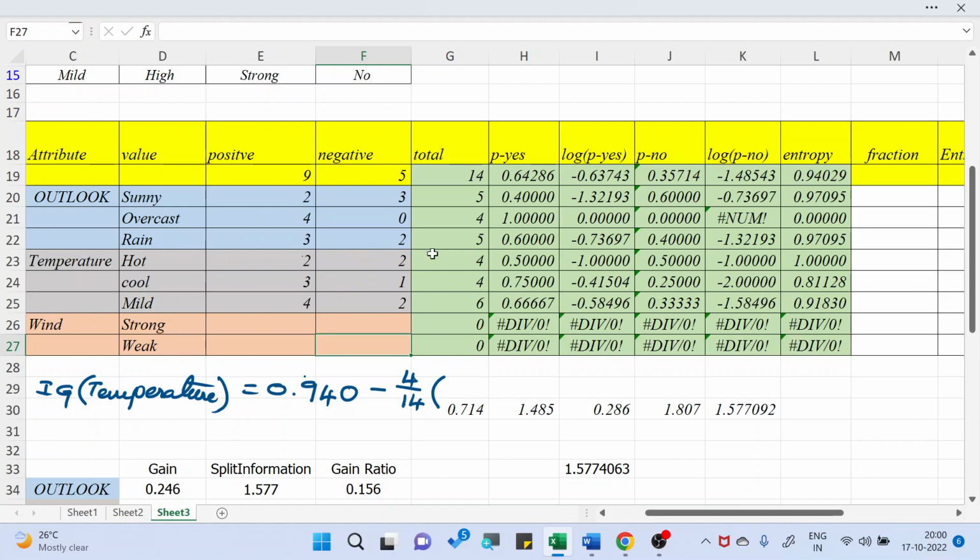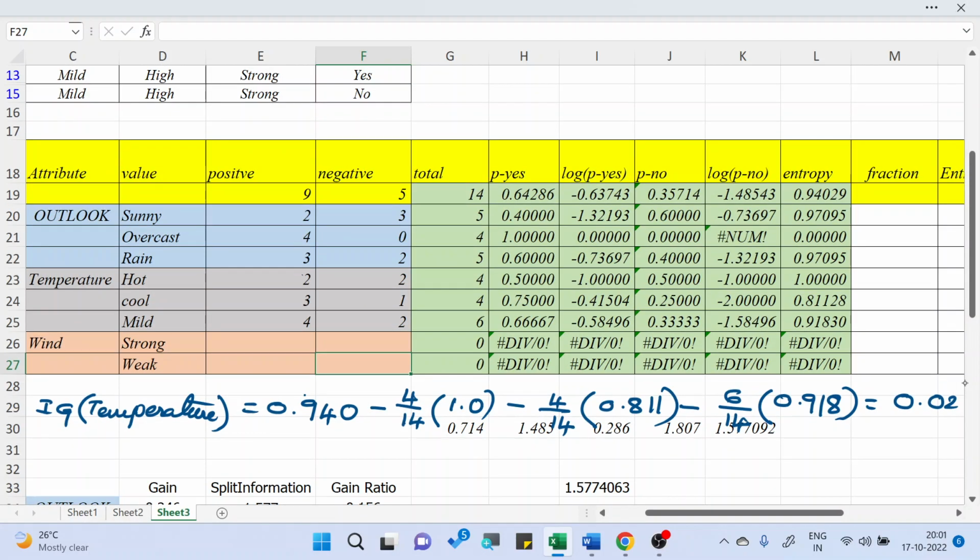Entropy of hot is 1, minus cool, 4 examples out of 14, and entropy is 0.811. Then minus entropy of mild, 6 examples out of 14, and the entropy is 0.918. And the information gain, when you calculate this for the temperature, is 0.029.